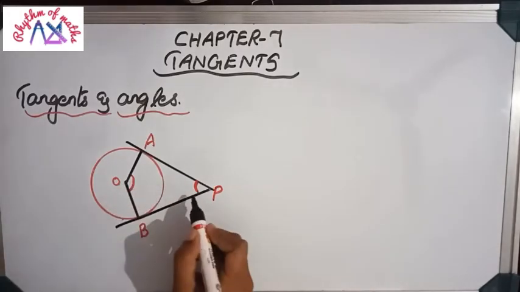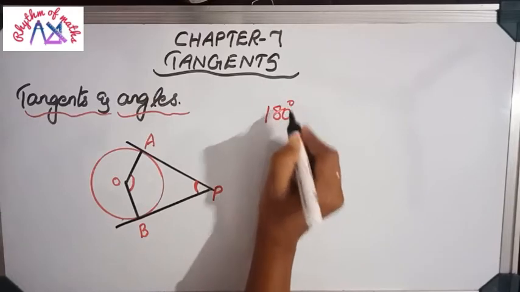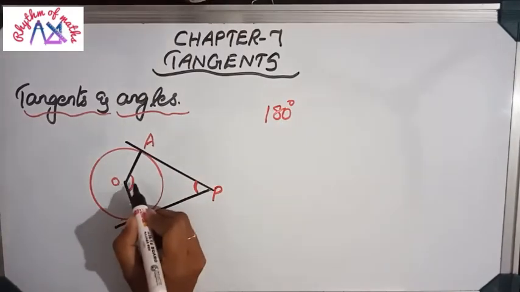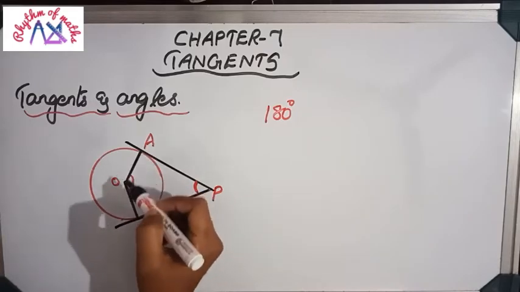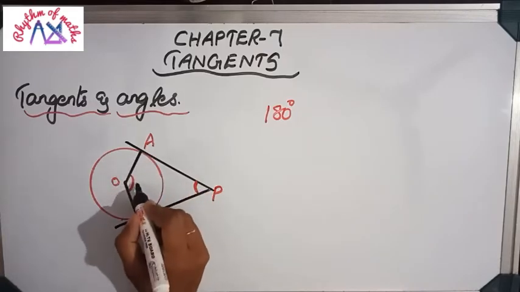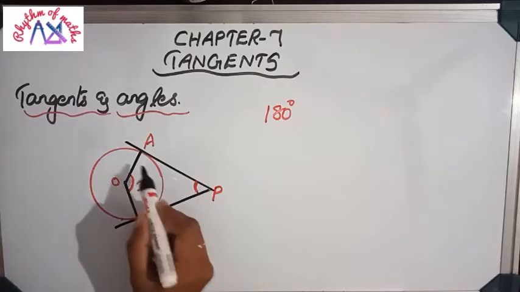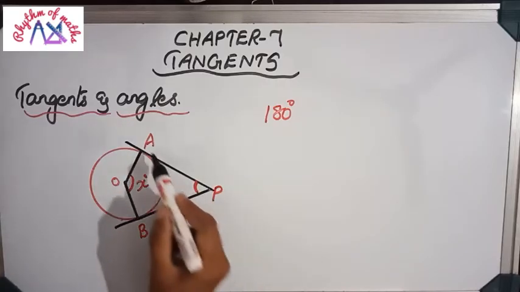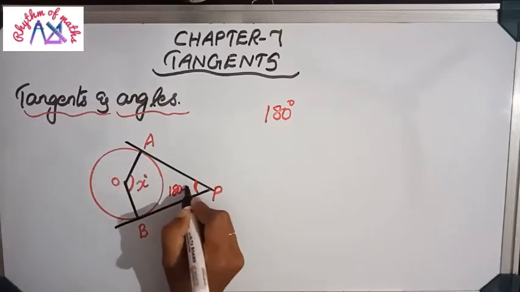These two angles are supplementary. Supplementary means sum will be 180 degree. So suppose the angle at the center point, angle between the radius, suppose this is x degree. That means angle between the tangents through the same point will be 180 minus x.